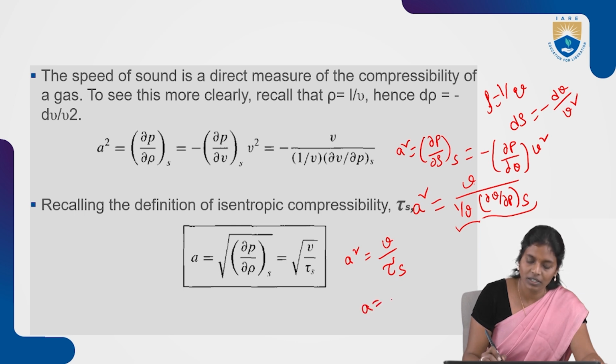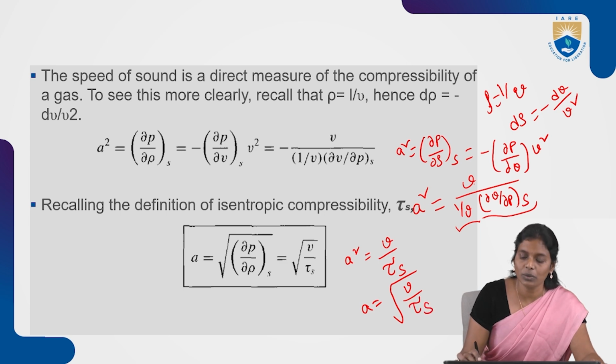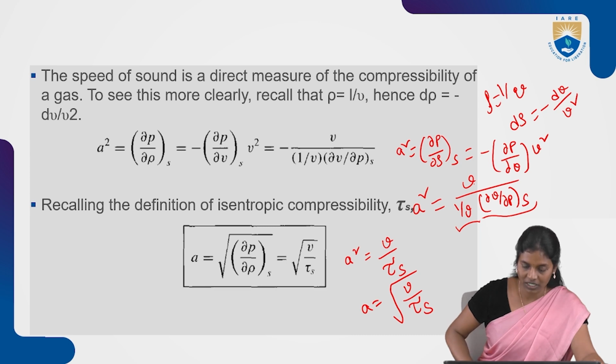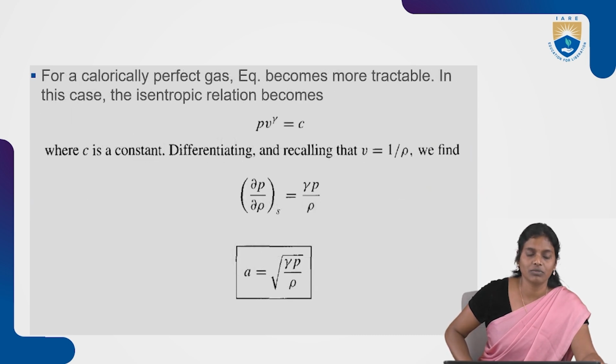So this A we can write as V by the isentropic compressibility, that is tau, which is nothing but 1 by V into dou V by dou P at isentropic condition. So this is one condition which we will be getting.